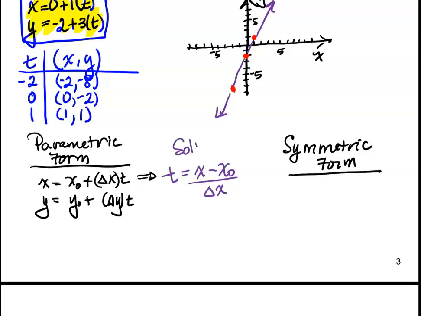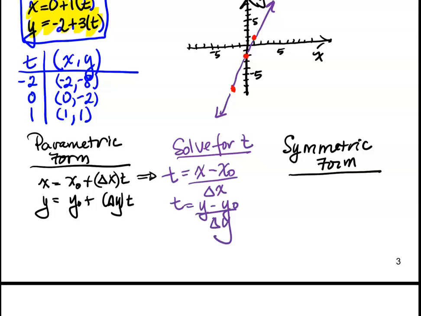Again, I'm taking each one of those and I'm solving for t. And then if I were to do the same thing for the y equation, I would get y minus y naught over change in y.